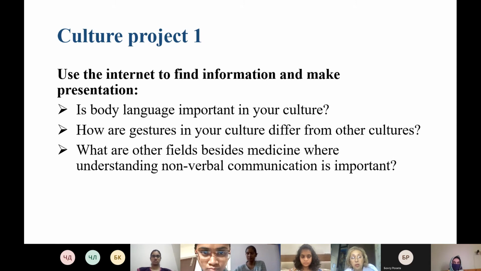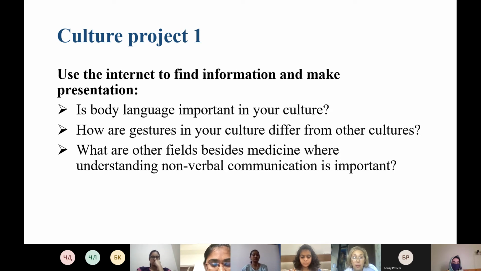In your presentation, you should include the answers to the following questions. Is body language important in your culture? How do gestures in your culture differ from other cultures? So you should do the research not only about your culture, but also about other cultures. And what are the other fields besides medicine where understanding non-verbal communication is important?